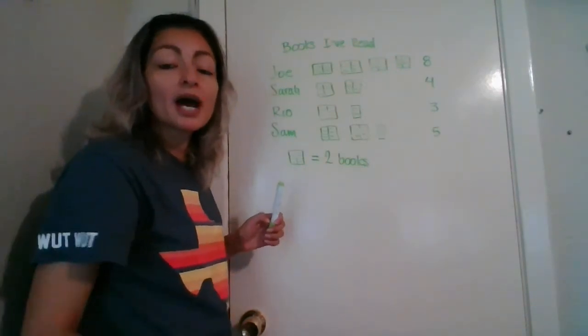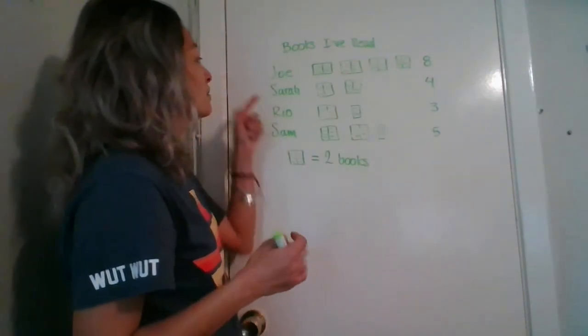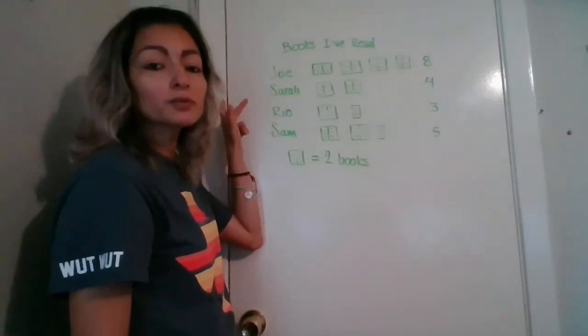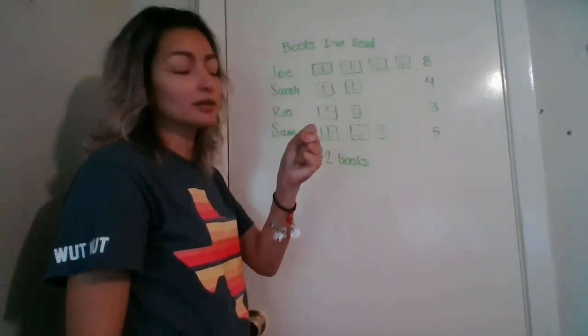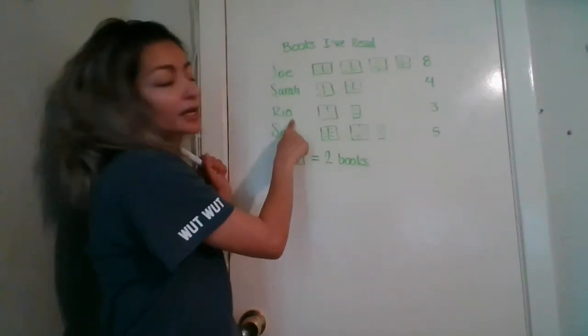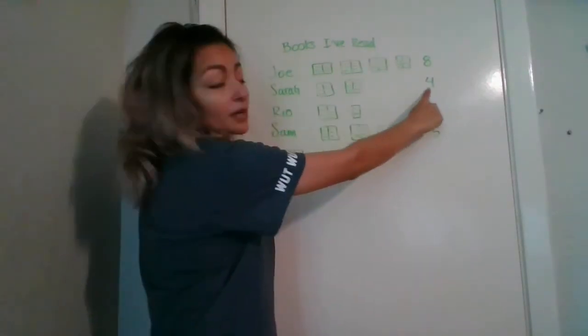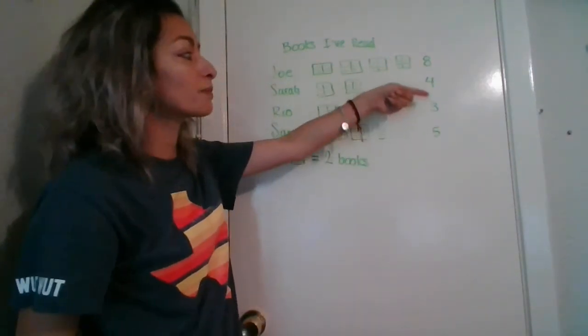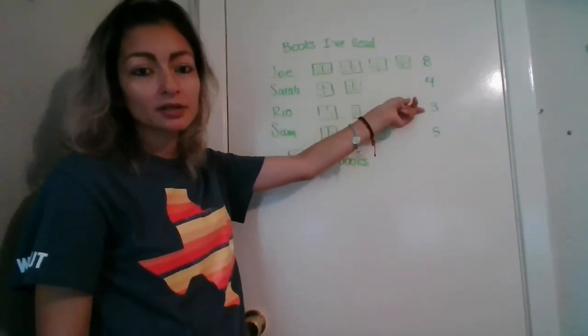If they ask me how many books were read by Sarah and Rio combined, when I hear the word combined, it means to put together. Only Sarah and Rio. Well, Sarah read 4 and Rio read 3, and I know that 4 plus 3 is 7.